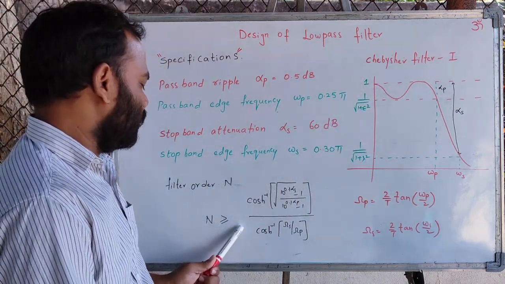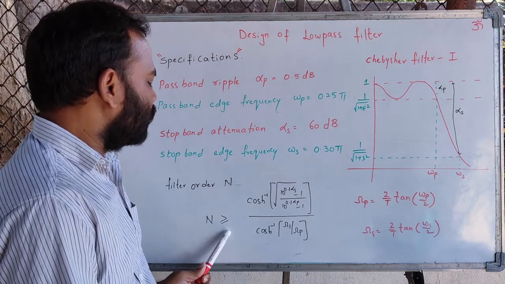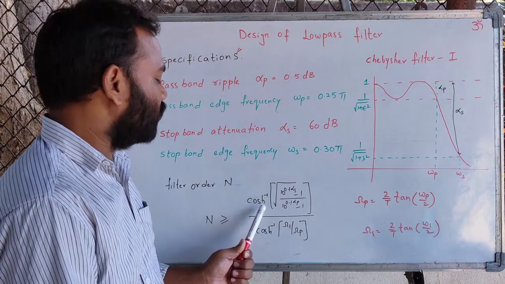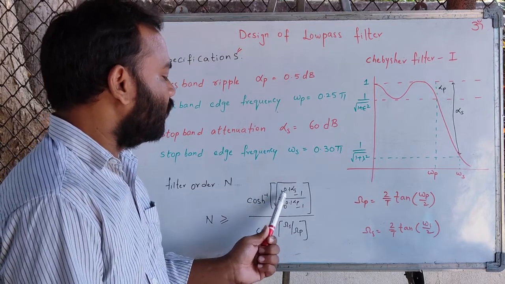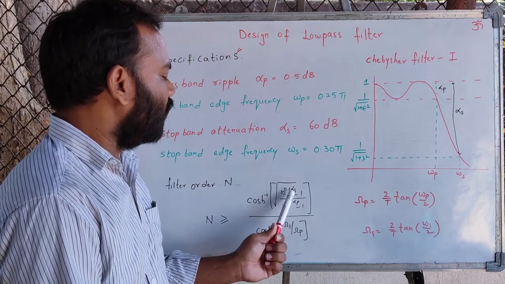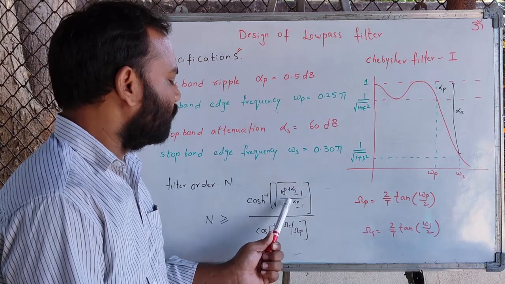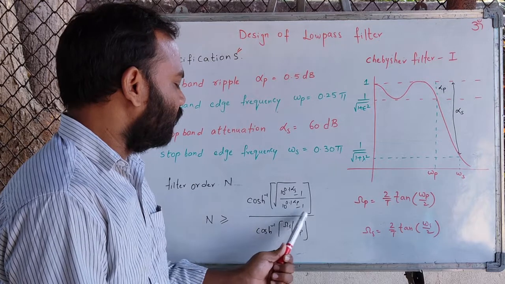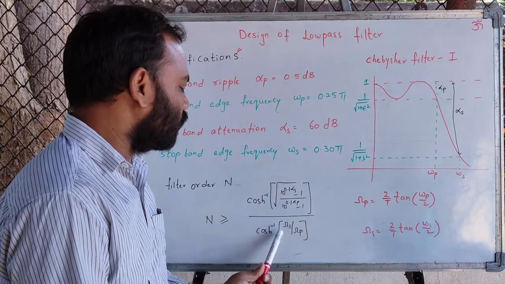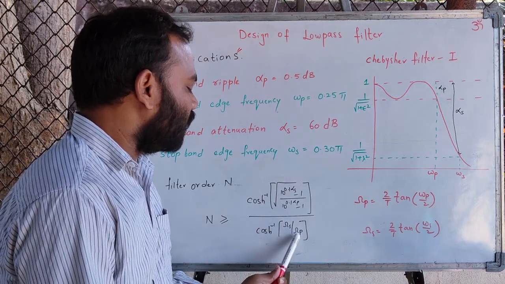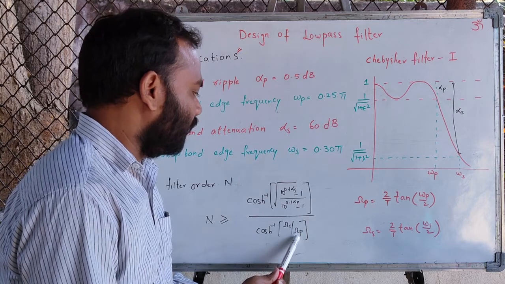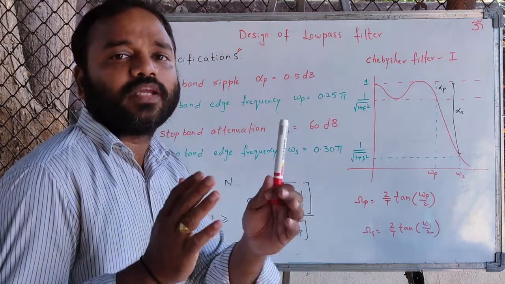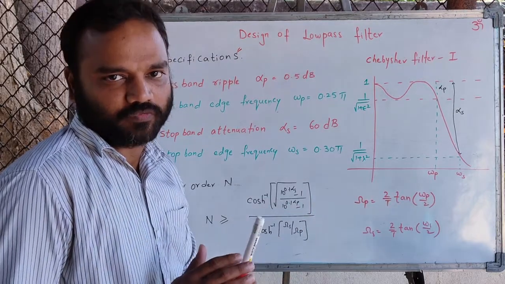So for these specifications, if we want to compute the order of the Chebyshev filter, then the order is given by N greater than or equal to cosh inverse of the square root of (10 to the power of 0.1 alpha s minus 1) by (10 to the power of 0.1 alpha p minus 1), divided by cosh inverse of stop band frequency by passband frequency in the analog domain. For this design also we will be considering the bilinear transformation.